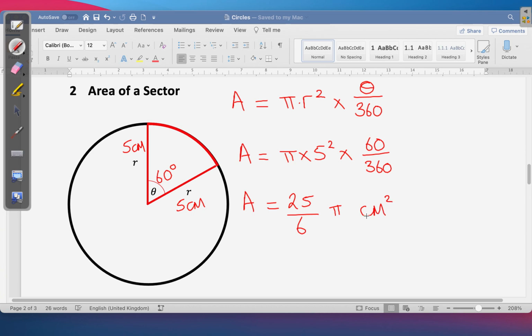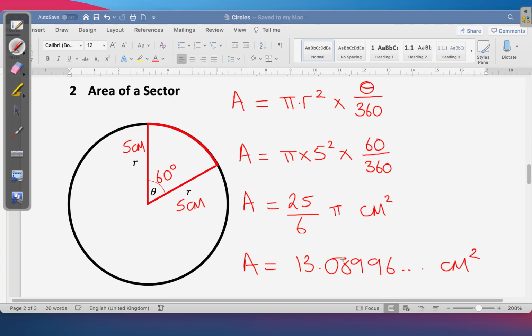And again, if we are asked to leave our answer in terms of pi, this answer here is perfectly fine. But if we're asked to give it to, say, 1 decimal place or 2 decimal places or a number of significant figures, then we need to type in 25 over 6 times pi into our calculators, and then we will look for the SD button again, and then what we should get when we press that button is A is equal to 13.08996 ... centimetres squared.